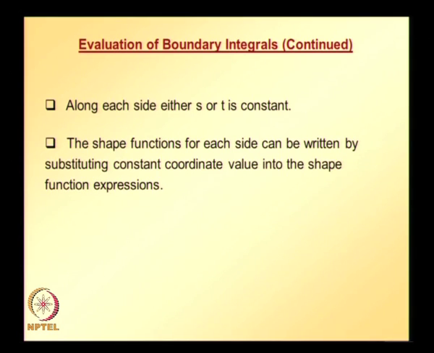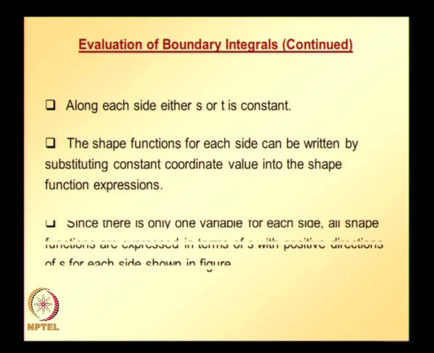Shape functions for each side can be written by substituting whichever is constant, S or T, into the shape function expressions. Since there is only one variable for each side, all shape function expressions are expressed in terms of S, with positive directions of S for each side shown in the figure.